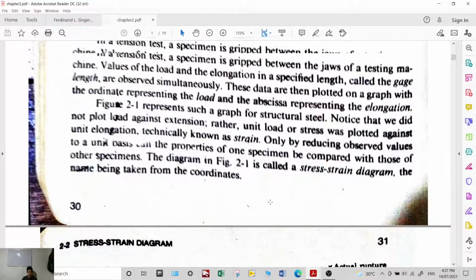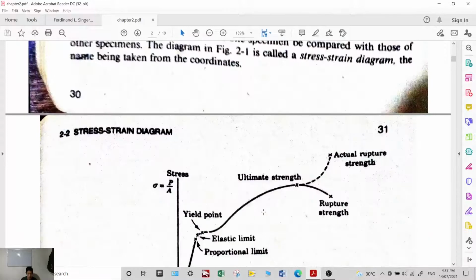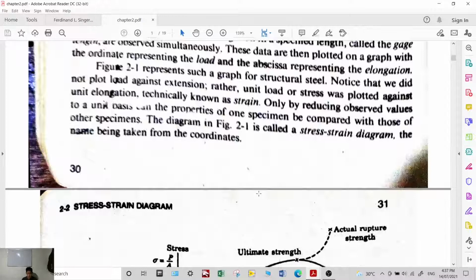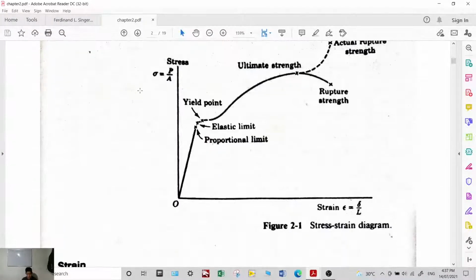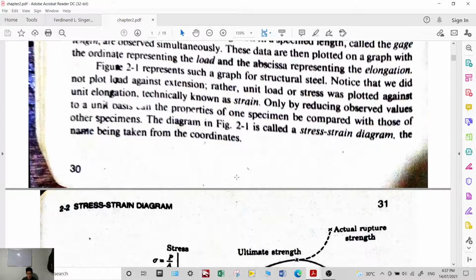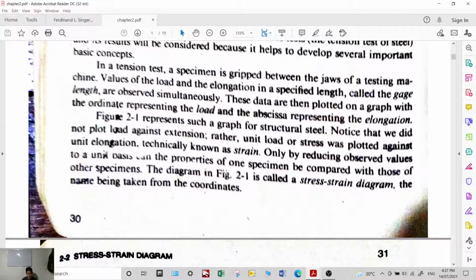Okay, so let's discuss some basic properties of a material. Okay, so in order to understand this stress strain diagram, imagine that you have a steel or a material and then you subject it to a tension test.